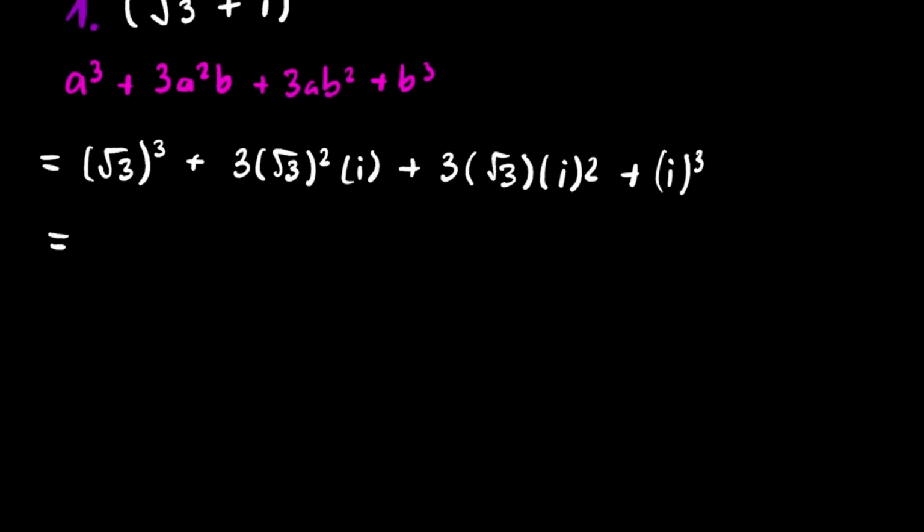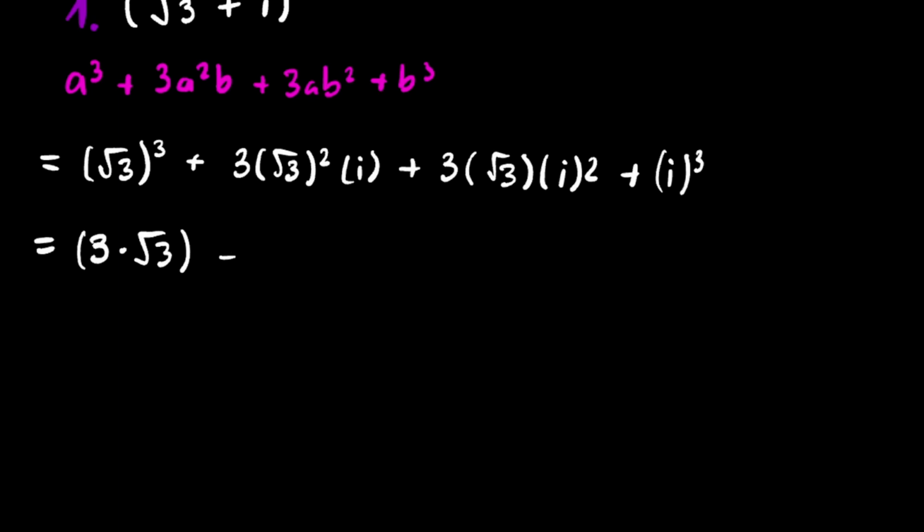So we continue, calculate this. Basically, this is going to be 3 times square root of 3. Keep it that way. And this is going to be 3 square root of 3 as well.